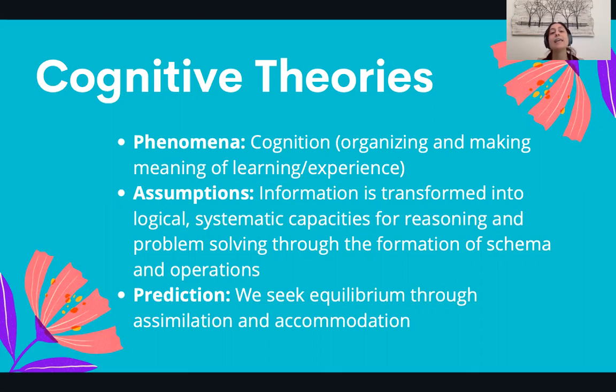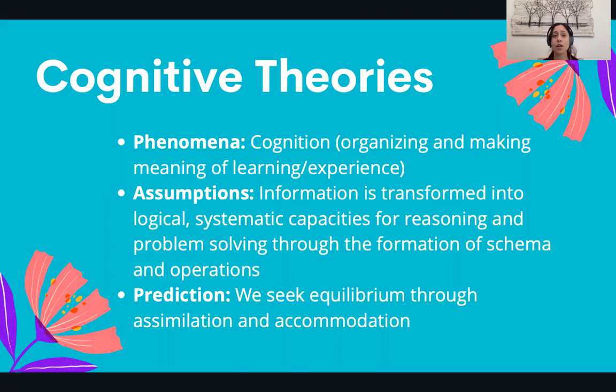The prediction is that when we're exposed to new information, we seek equilibrium through assimilation, which involves incorporating new information into existing schema. For example, if you know that four-legged animals are dogs and you see a four-legged animal, you incorporate that animal into your dog schema. Very oversimplified example. So we seek equilibrium through assimilation or through accommodation, which means altering structures in light of new information.